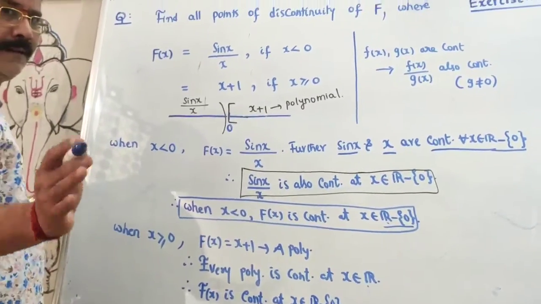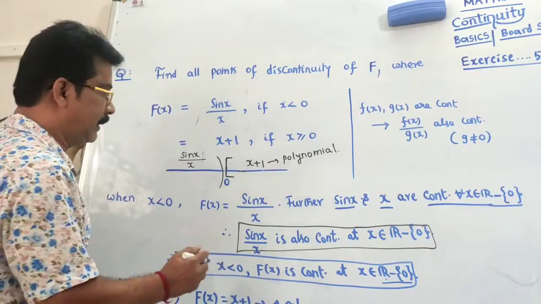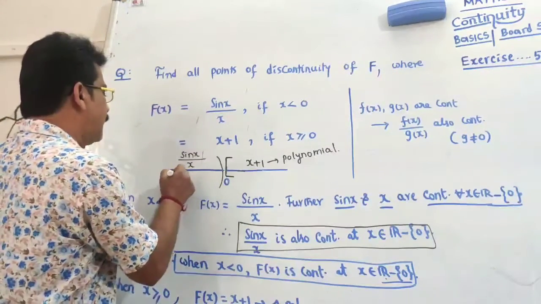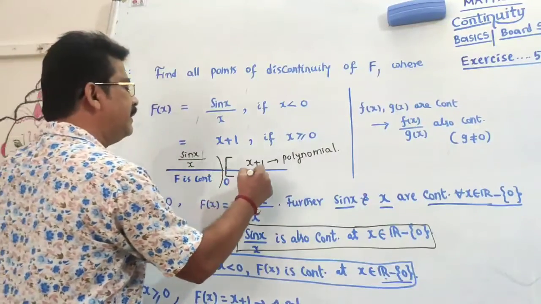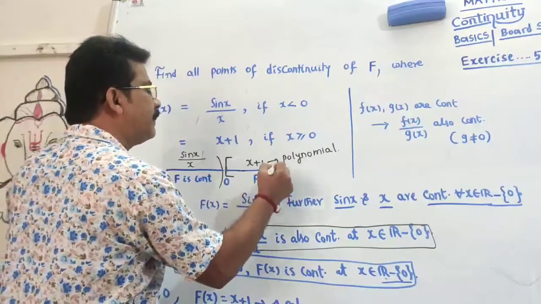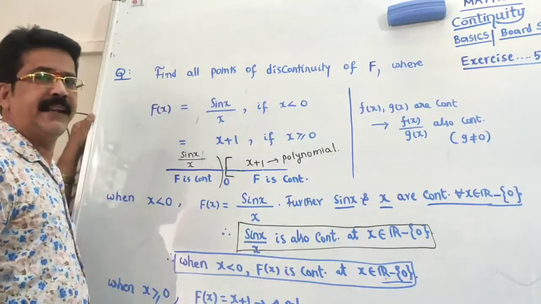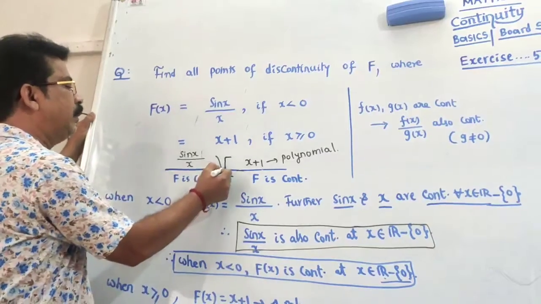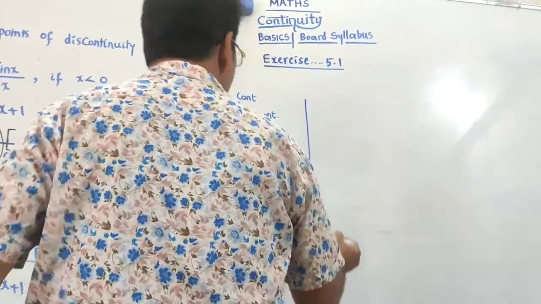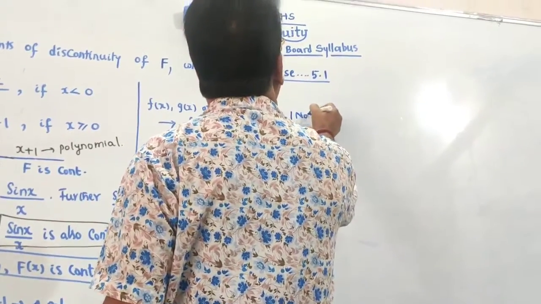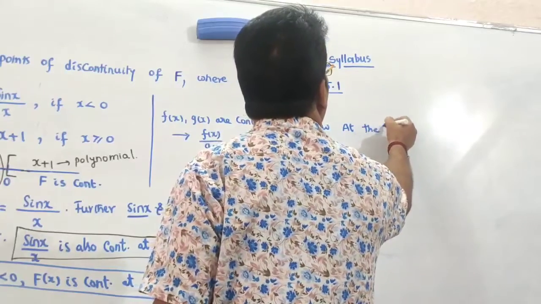So therefore, what we have so far proved is that in this area capital F of x is continuous, and in this area also capital F of x is continuous. Now it is enough to prove at the origin, at the breaking point.